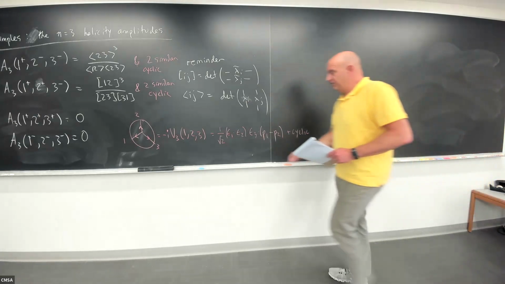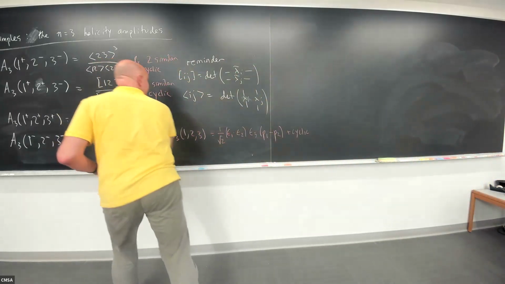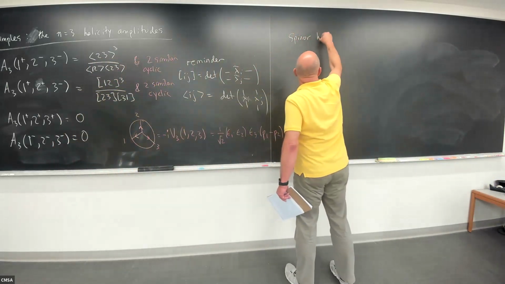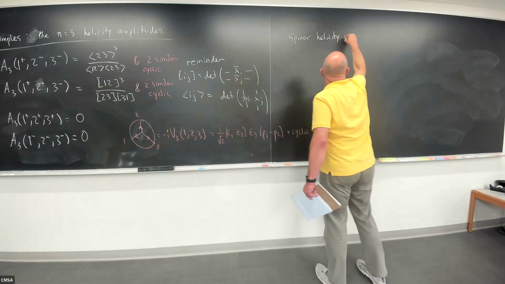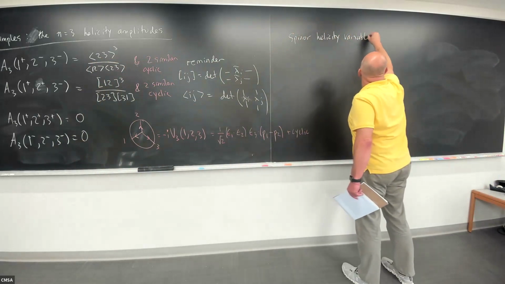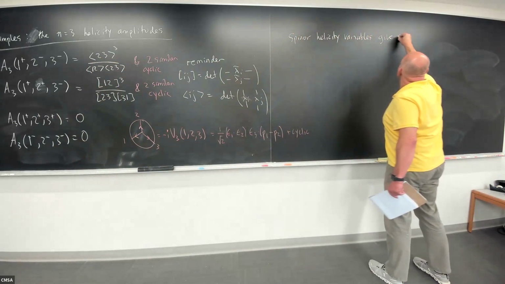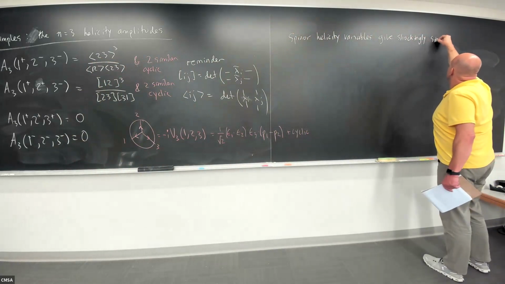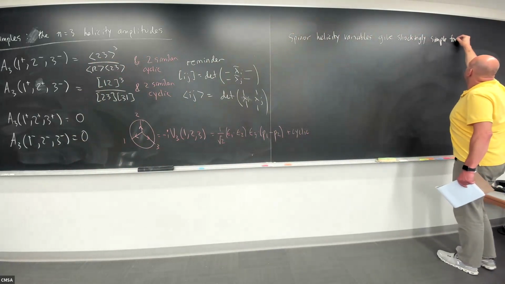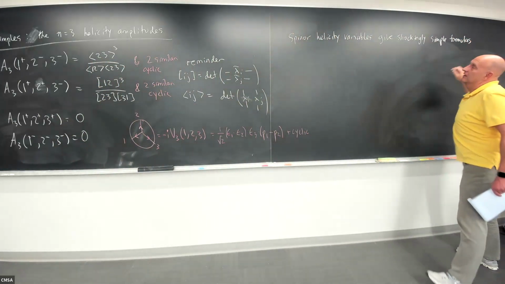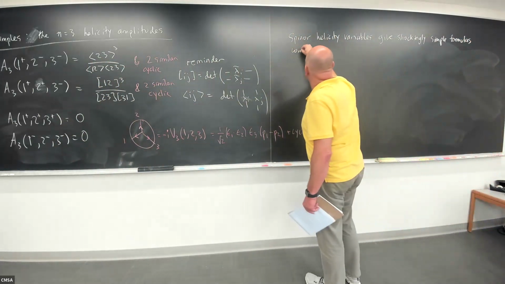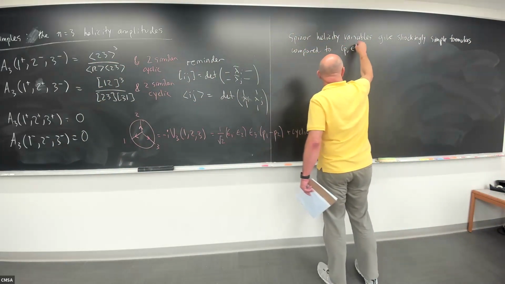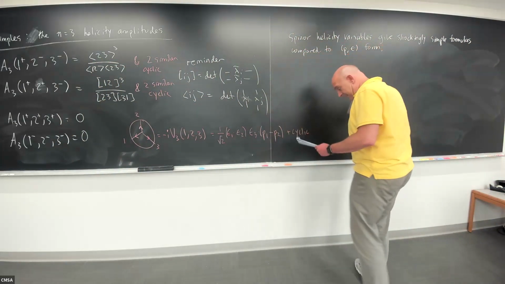Okay, so it turns out that spinor helicity variables give shockingly simple formulas compared to the P and epsilon form.